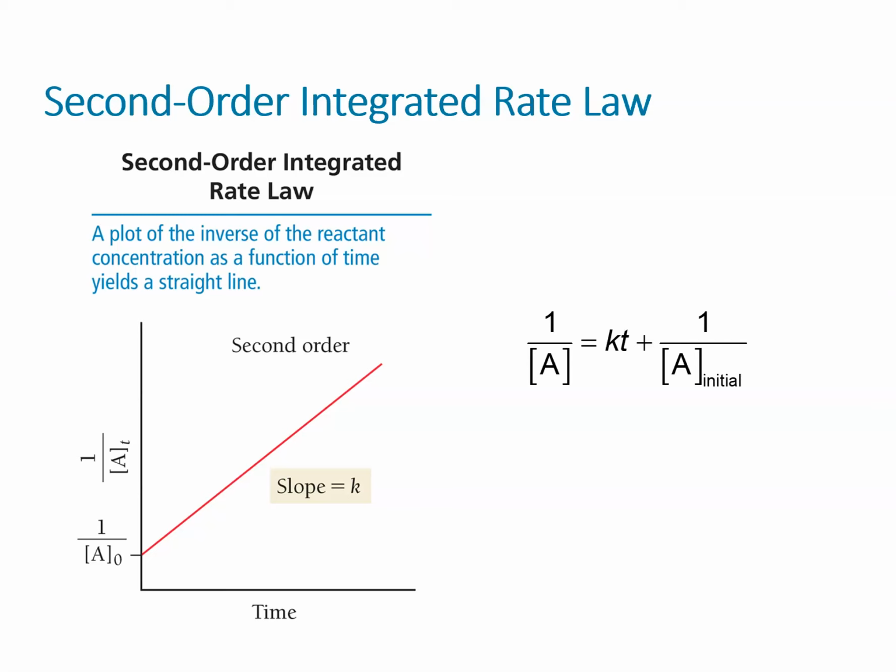This is exactly the same type of process as we did with the first order, but we have a slightly different equation to make a nice linear plot, and the process is identical, other than having a different equation. Note that at time equals 0, that's our initial concentration, which is what the naught means. On the y-axis, we have 1 over the concentration of reactant A at time t, and on the x-axis we have time t.